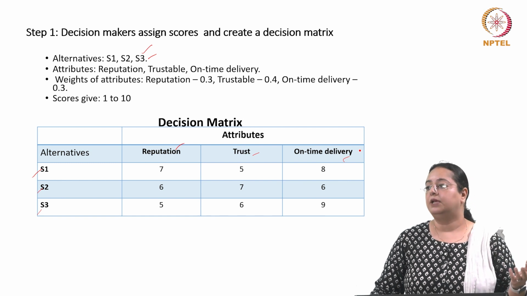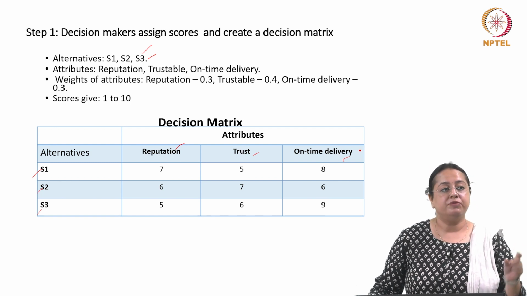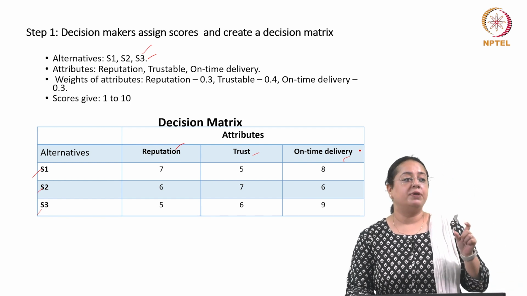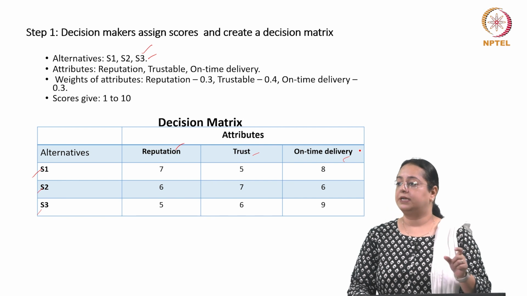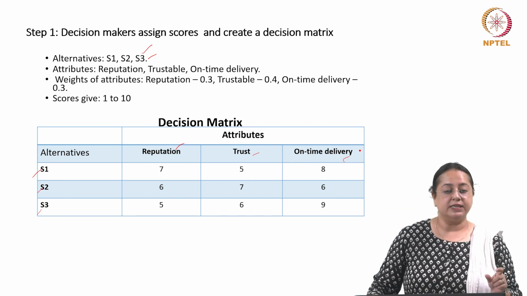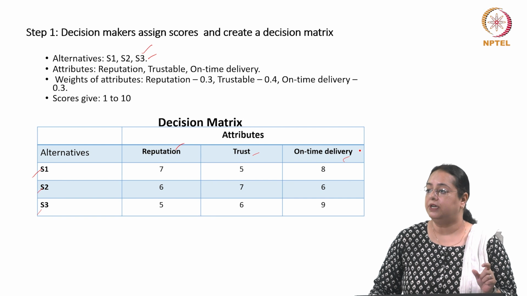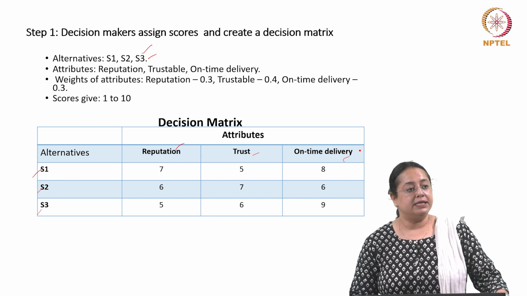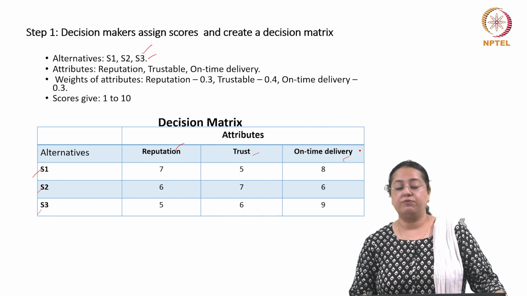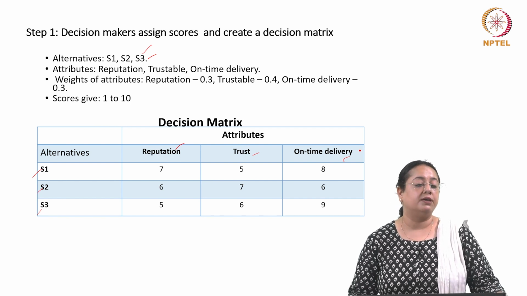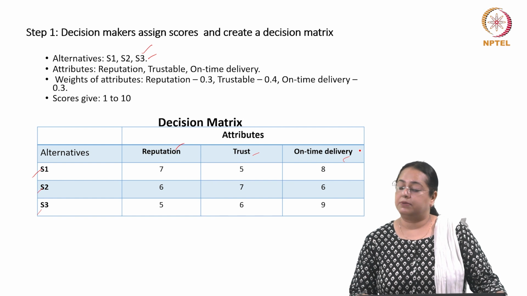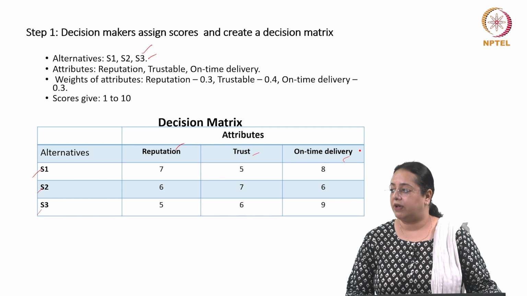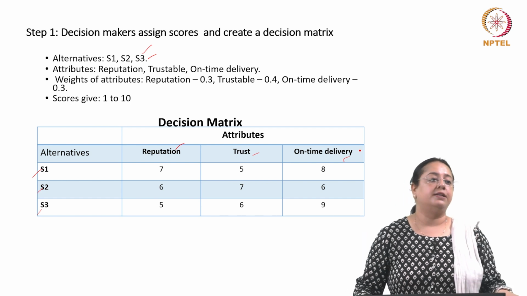For example, your delivery time you can measure: when the delivery comes, at what time, how many hours or minutes it takes, we can quantify it and use the exact number to arrive at a score. But there are many indicators like trust, whether the supplier is trustworthy, whether the supplier is dependable. Such indicators are very difficult to quantify and assign a number.